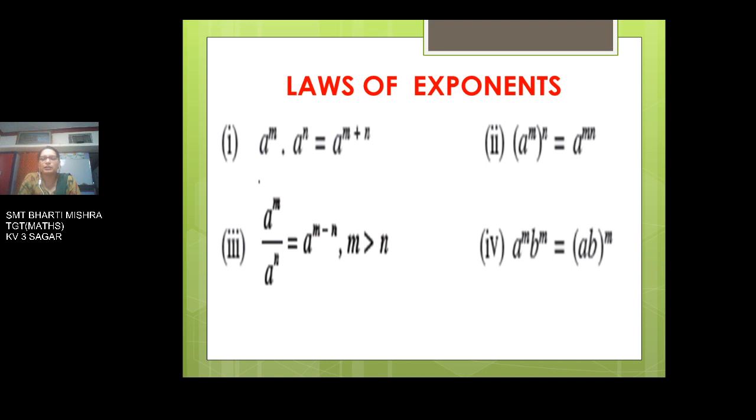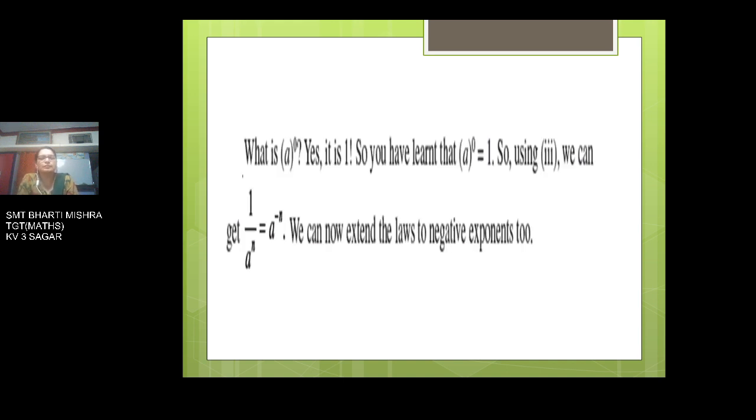And the fourth part is a to the power m into b to the power m. Here both have got the same powers. So we will have the common power and the bases will be multiplied, that is a and b. What is a to the power 0?